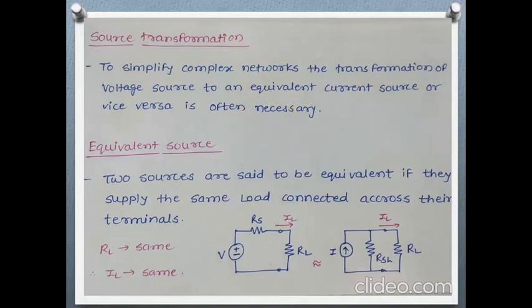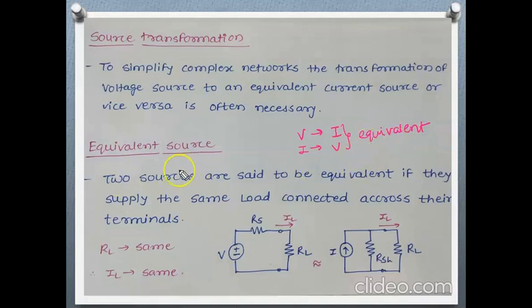But when we are transforming the given voltage source to the current source or the given current source to the voltage source, they must be equivalent. They must be what? Equivalent sources.